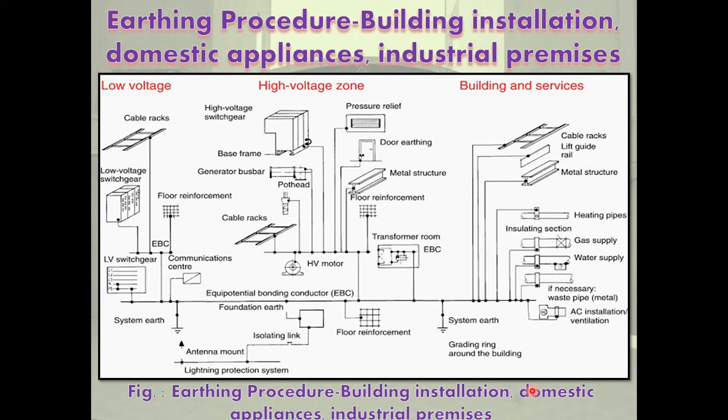So in building installations, domestic appliances and industrial premises, earthing is a very important procedure. Equipment earthing: to ensure the body, structure and other non-current carrying parts are held at earth potential and are safe to touch.